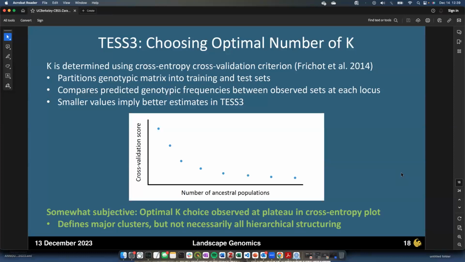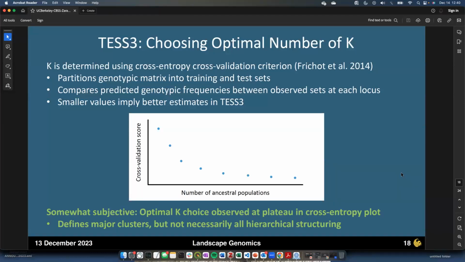I do have to say that the Caye et al. paper, that 2016 paper, does explicitly mention that just because you choose a certain number of ancestral populations doesn't mean that there lacks any more structure in your population. They're more worried about people being open and honest about assessing different levels of hierarchy, and admitting that there could potentially be more levels of hierarchy if we stick to just 3 or 5.